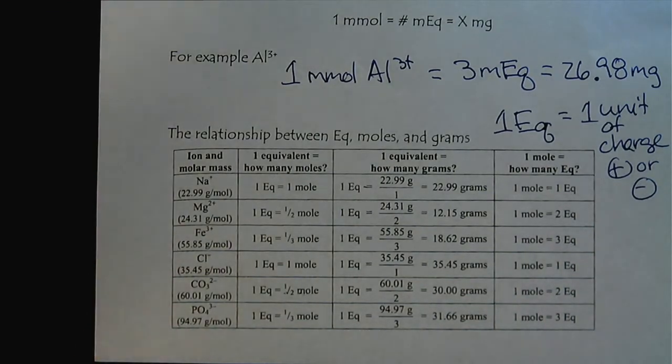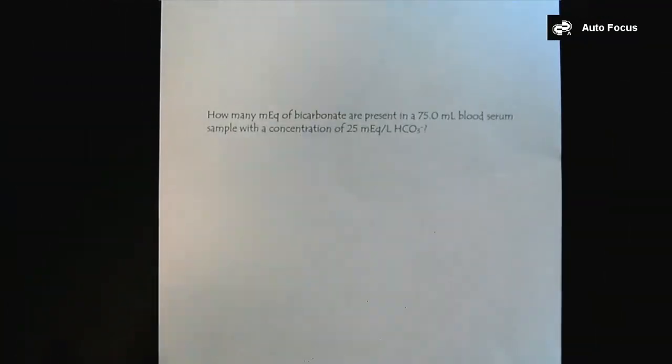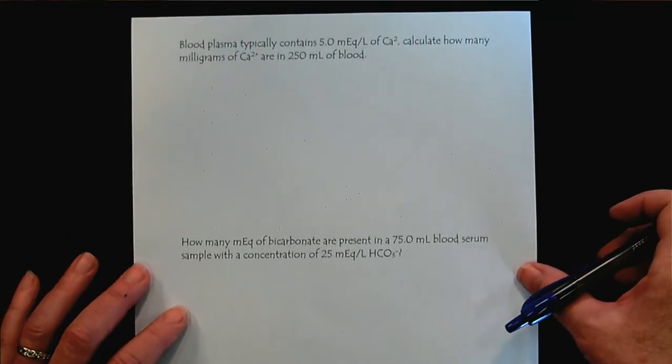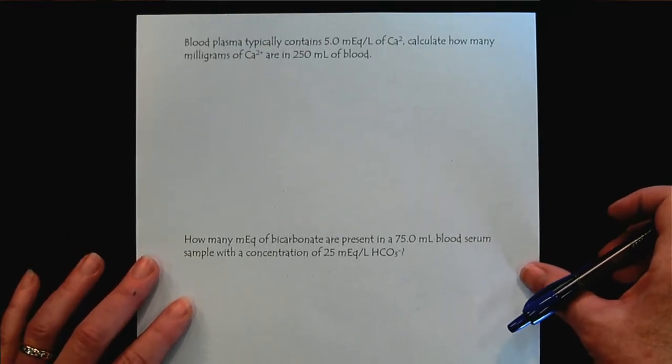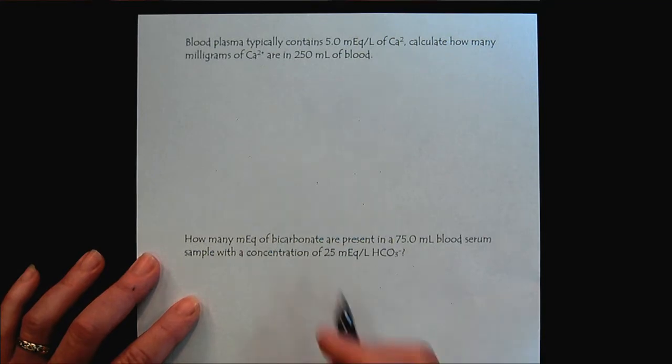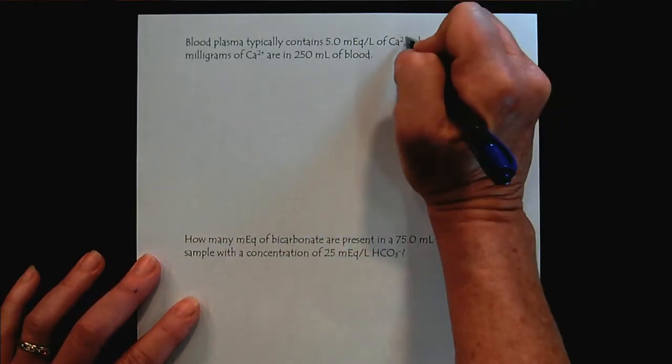Alrighty, now let's go to the next page and practice doing some calculations with equivalence. Anytime I see equivalence in there, I'm going to remind myself that, oh, that should be 2 plus.